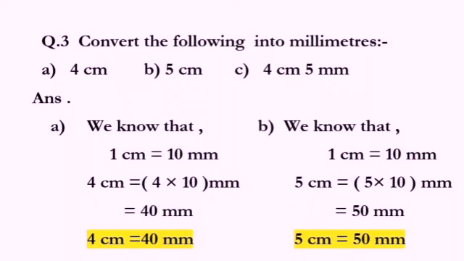So 4 into 10 equals 40 millimeter. Now for the next one, we know that 1 centimeter equals 10 millimeter. Again we follow the same procedure: 5 centimeter equals 50 millimeter, because we need to multiply by 10. You must write the proper unit.